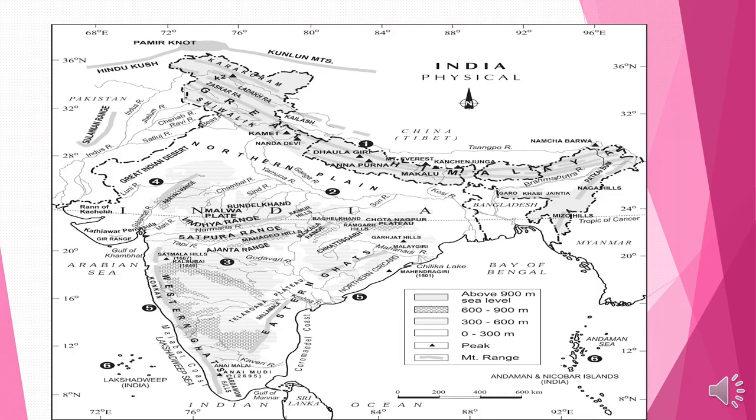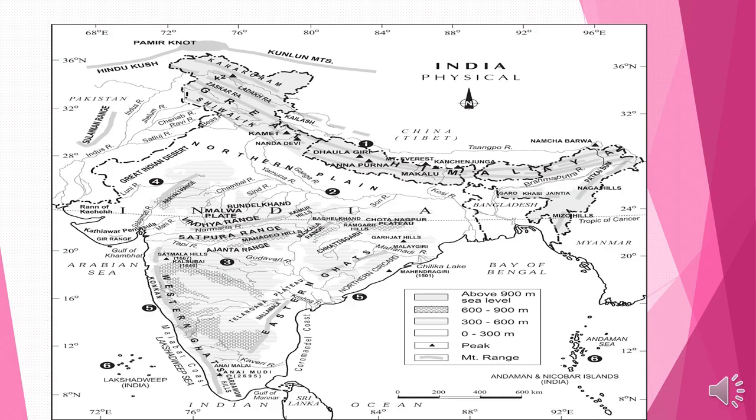And after that we will discuss the peninsula plateau. The mid part and the southern part are covered by the peninsula plateau, and the plateau is the oldest landmass on the earth. It was part of the Gondwana land. It is divided into two sections: Central Highland and Deccan Plateau.